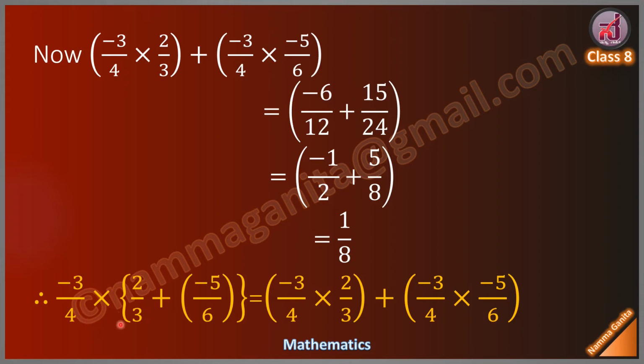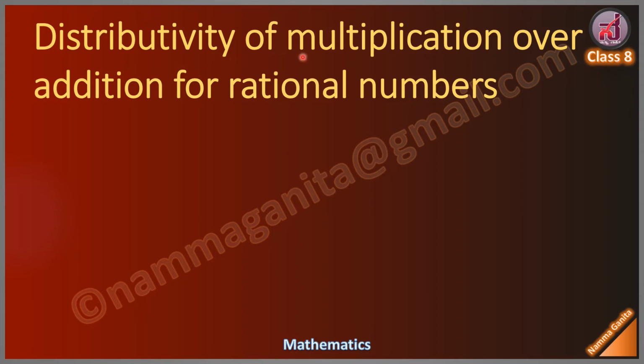First number into, in the bracket, second number plus third number is the same as first number into second number plus first number into third number. Distributivity of multiplication over addition for rational numbers.